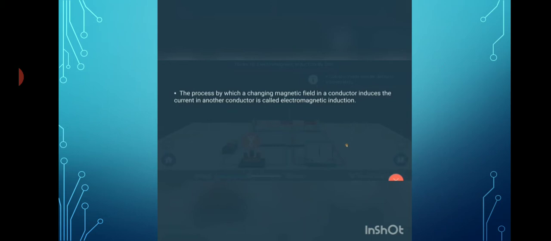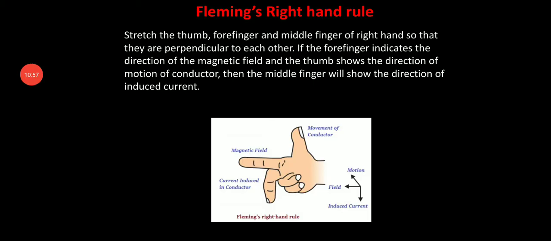In practice, we can induce current in a coil either by moving it in a magnetic field or by changing the magnetic field around it. It is convenient in most situations to move the coil in a magnetic field. The induced current is found to be highest when the direction of motion of the coil is at right angles to the magnetic field.